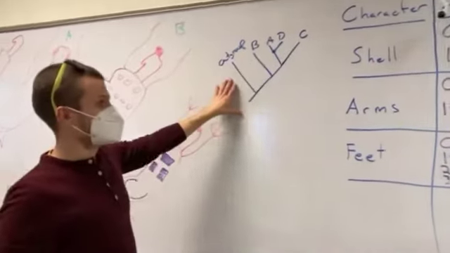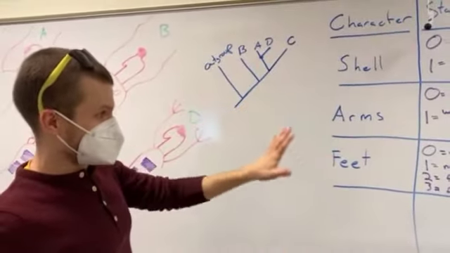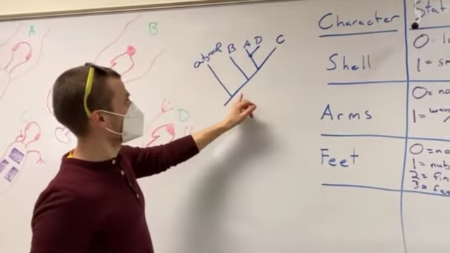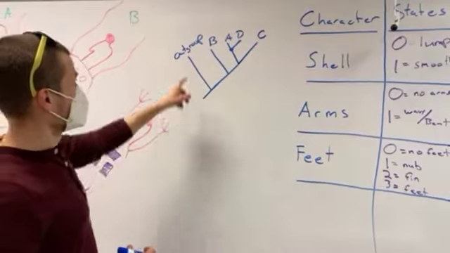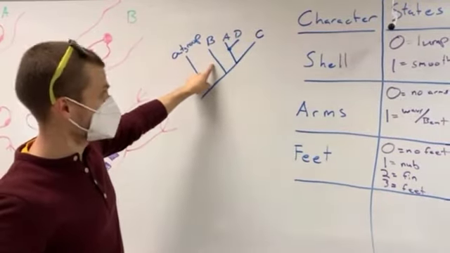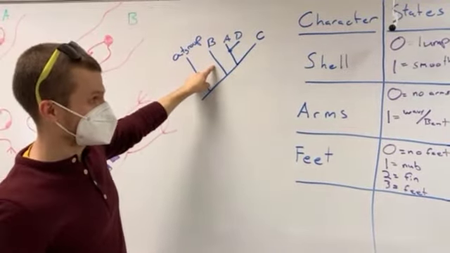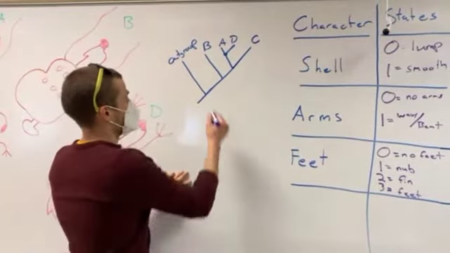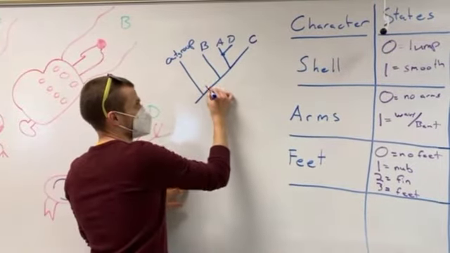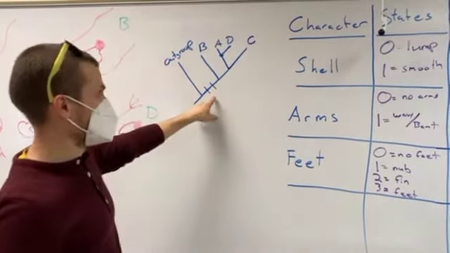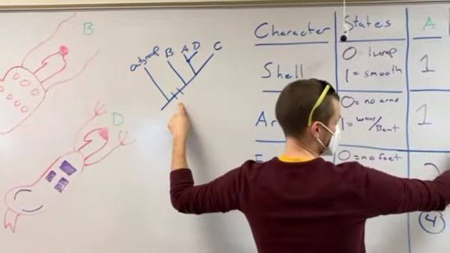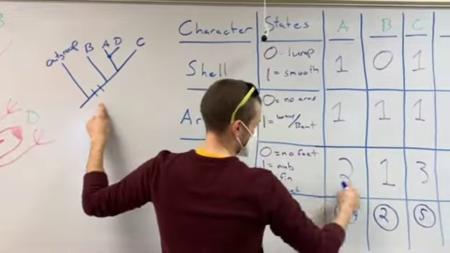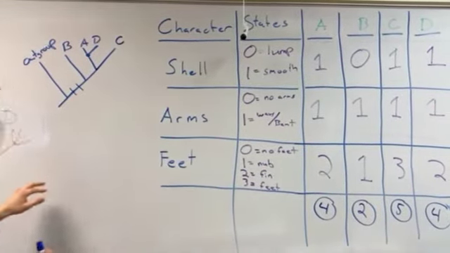Because we're going to want to show everyone how we're going to establish these relationships and how they transition. Well, in going from our outgroup to our individual B, what are some of the changes that we see? We're going to plot those as tick marks along the tree here. Now we see a change in arms to character state 1 and a change in feet to character state 1.